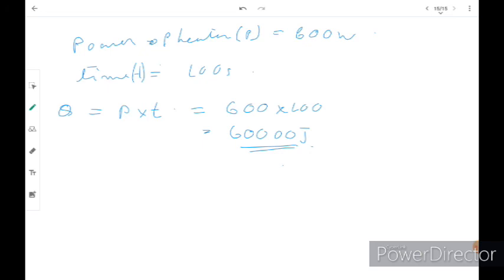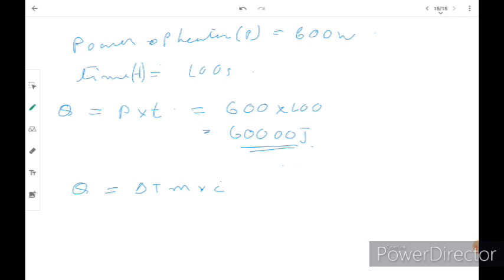Now we are to find the heat capacity. First we will find the specific heat capacity, then we will find the heat capacity. We know that Q is equal to change in temperature into m into small c.